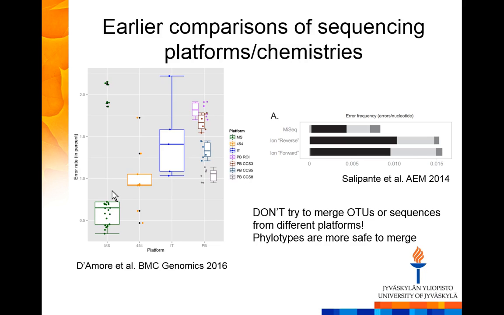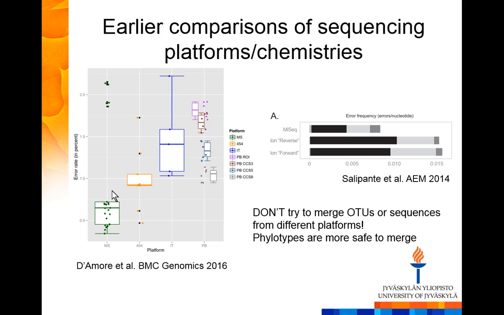One thing that you should definitely bear in mind is, don't try to merge OTU or sequence data from different platforms, because the data that you get is just very different. It has different kinds of error profiles, different sequences.